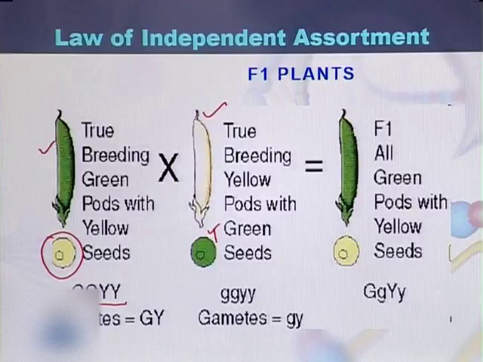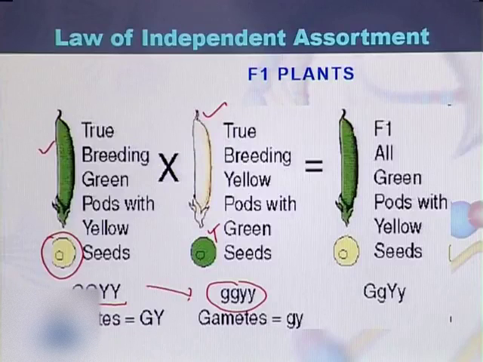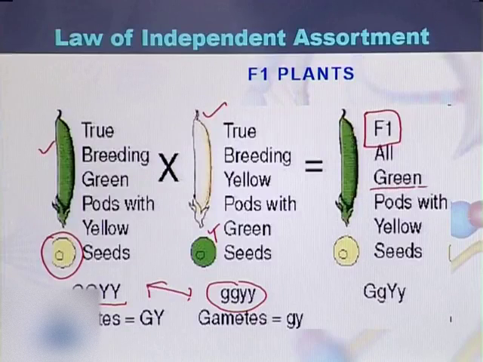So in this case, the gametes were small g and small y. As a result of cross pollination between these two plants, all the offspring produced as the F1 generation were producing green pods as well as yellow seeds, but they were heterozygous.